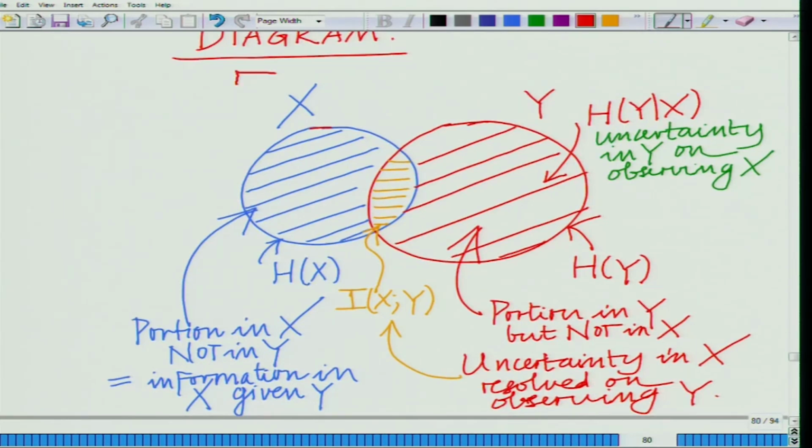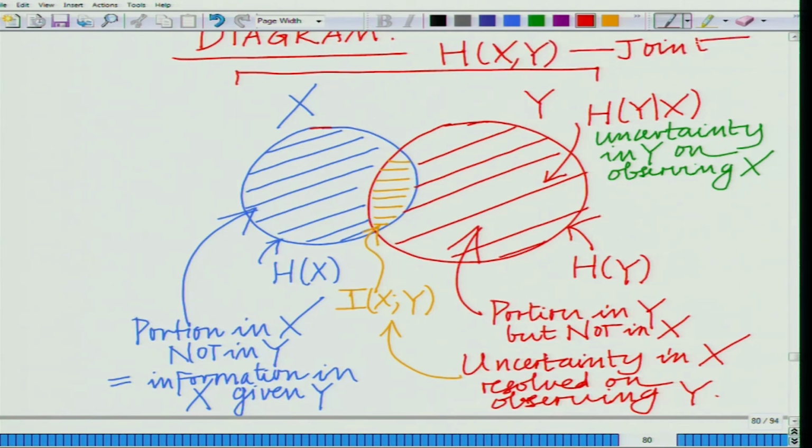And if you look at this total quantity, this is the joint entropy, information in x and y. If you look at both these together, this is information in x comma y.